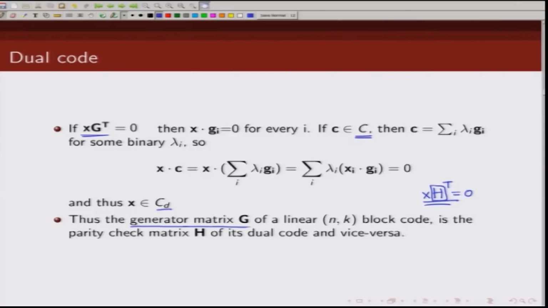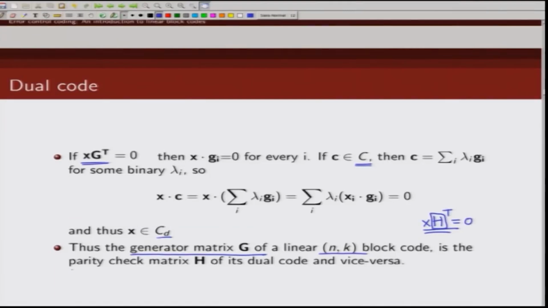The generator matrix G of a linear block code is the parity check matrix for the dual code and vice versa.